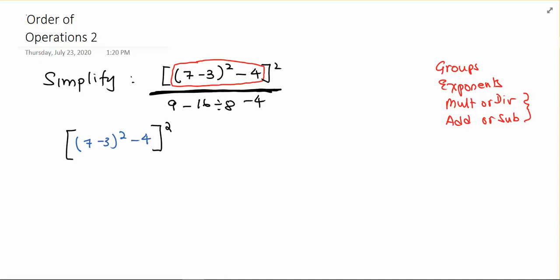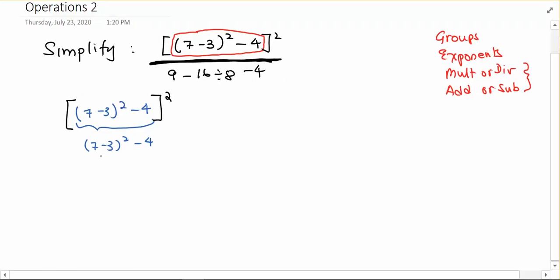So let's go ahead and work that out. Inside here, I see there's yet another group, and that's the 7 minus 3. So that's the first piece that gets worked out. 7 minus 3 is 4, and I still have the square minus the 4.